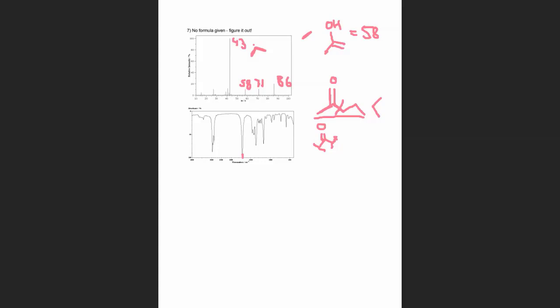And so if I cut off this piece right here, that should give us 43. Yeah, so this portion here would be our 43. And this is also 43. So this satisfies our 43 peak. Okay.